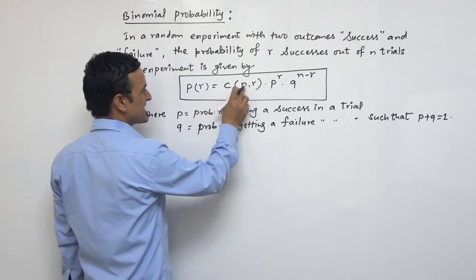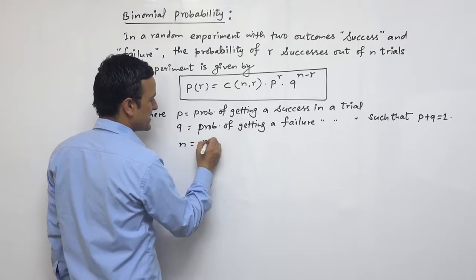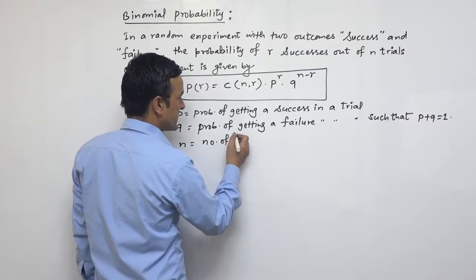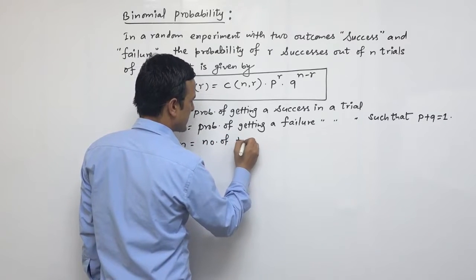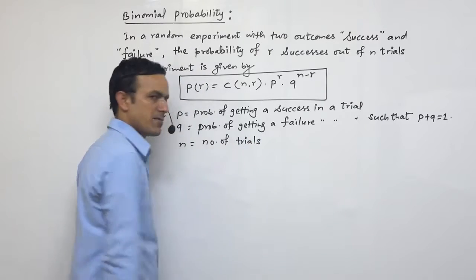So in this case, n means what? N is number of trials.